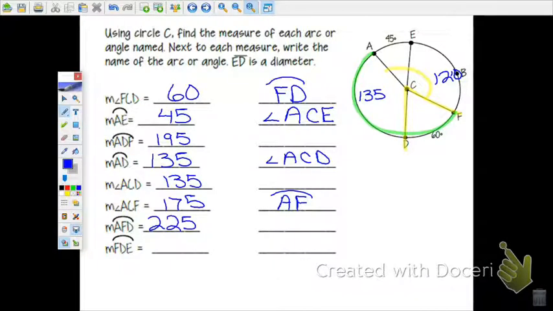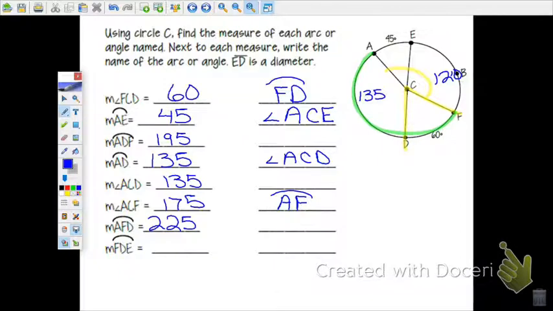Because it's a major arc, there's no angle to go with it. Last one is arc FDE. So FD all the way around. So again, 2 options. We can add the 45, the 135, and the 60.